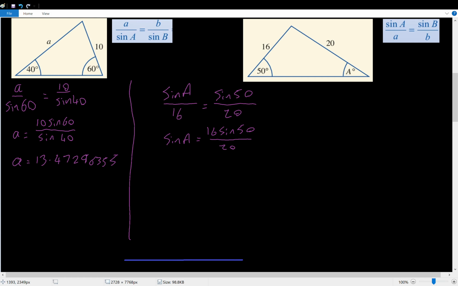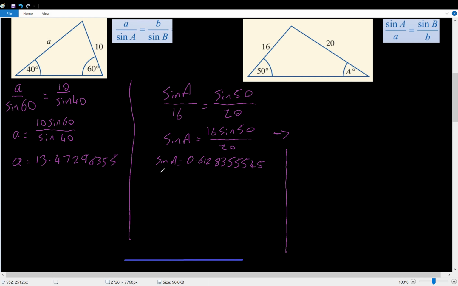Now from this point, there's two different ways we can go about doing this depending on how comfortable you are with inputting the information into a calculator. The first way that we're going to look at is if we actually work out this sum on the right and get a number for this. So sine A is equal to, and if we work that out, it's going to be 0.6128355545, like that.